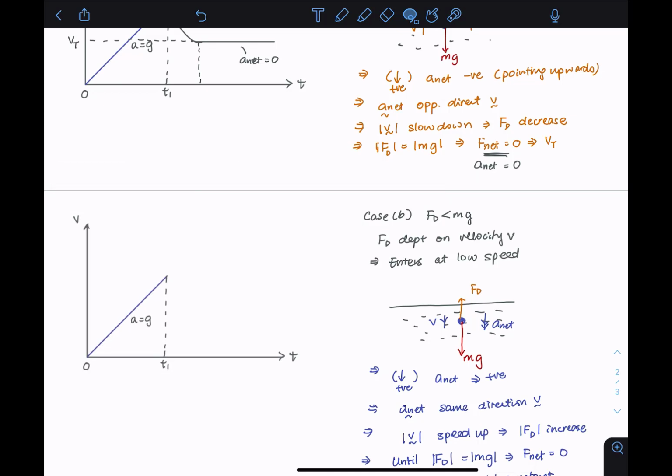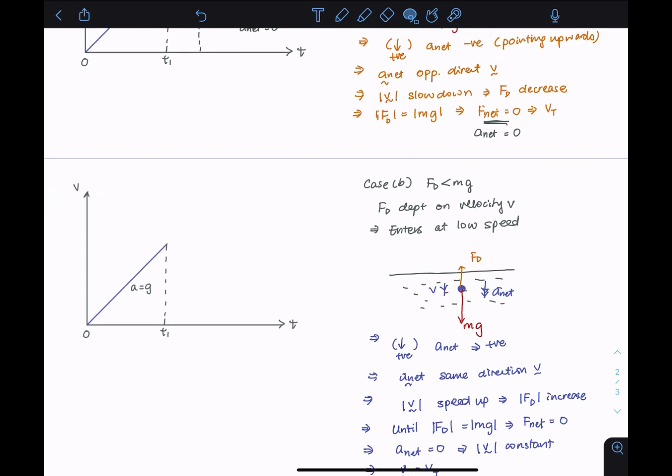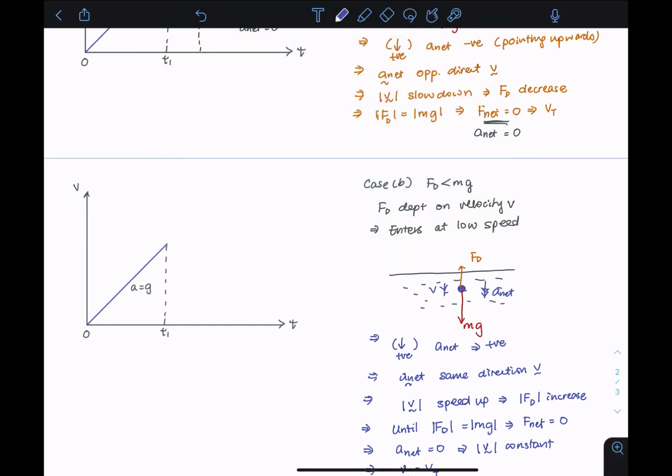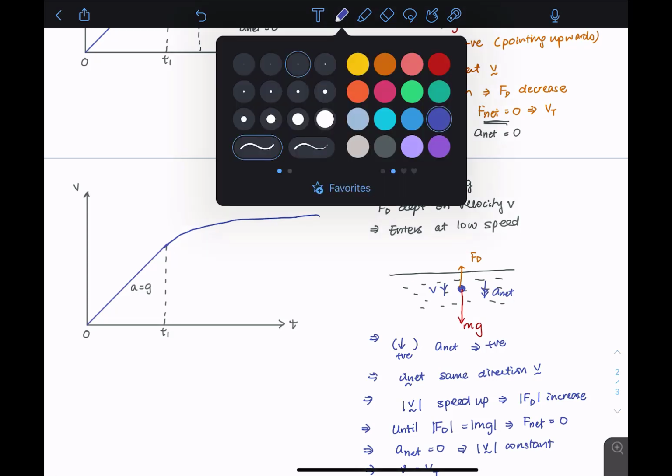In this stage, the acceleration is still positive, so it's still increasing in speed, but it's not going to increase as fast, so the gradient will not be as steep as before. It's going to go gentler and gentler, eventually reaching terminal velocity.